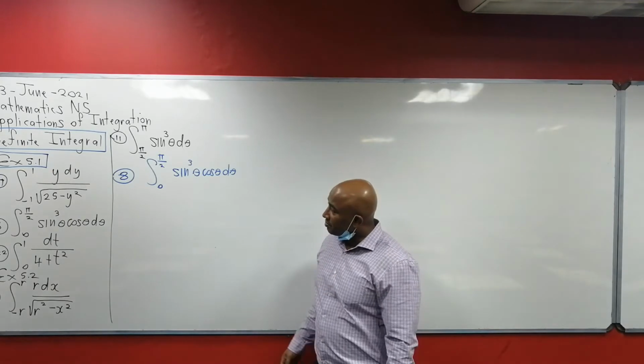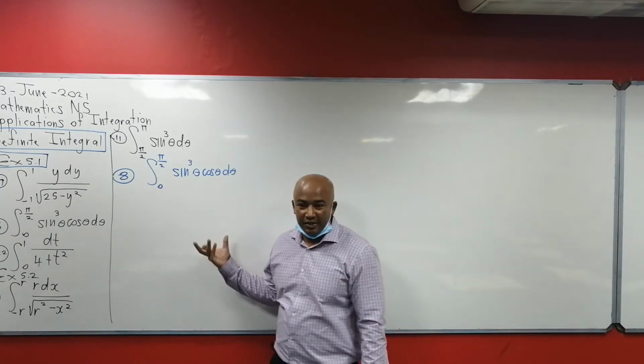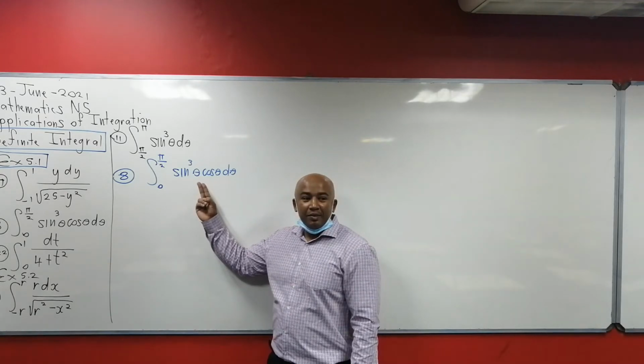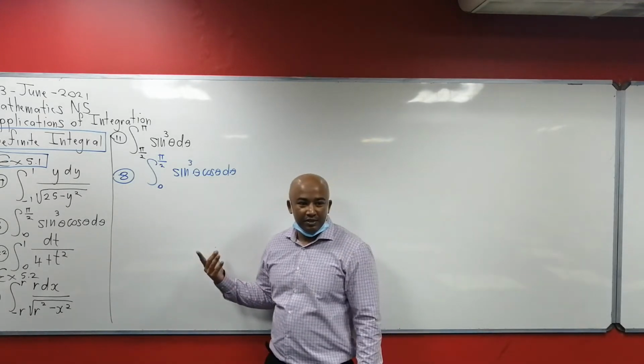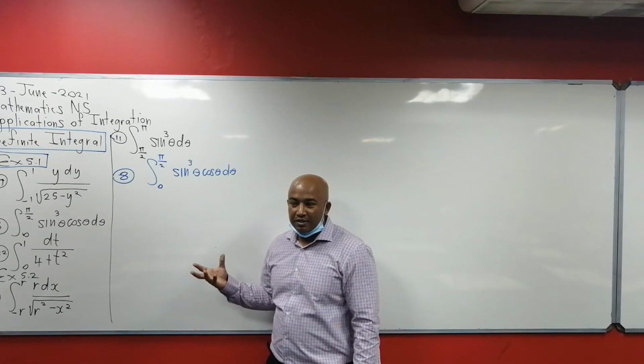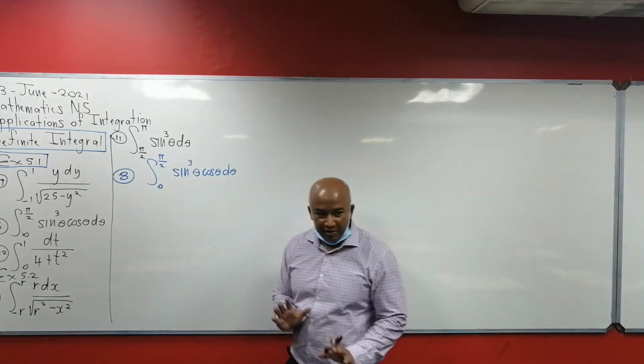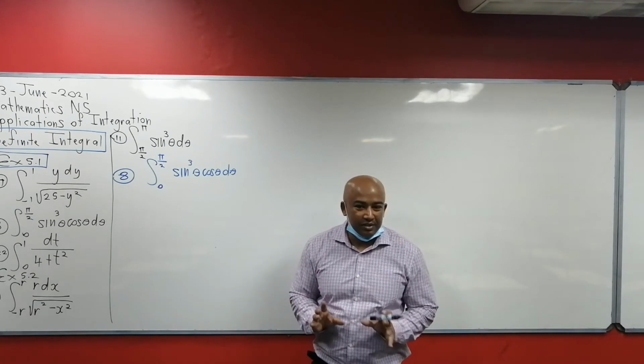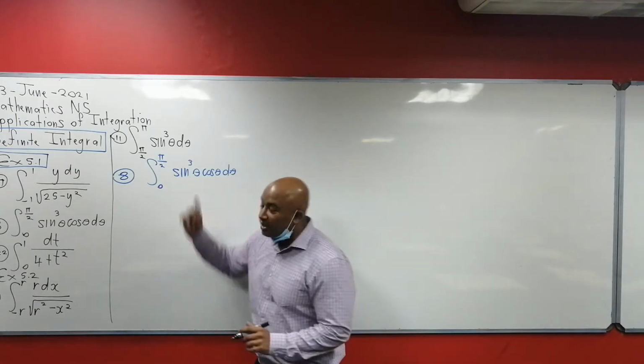Now, there's different ways to work this one out. So you might be thinking of splitting your power, which you can. So let's do it that way first. It is not the fastest way to deal with it. I'm going to show you in a few seconds, but you can.